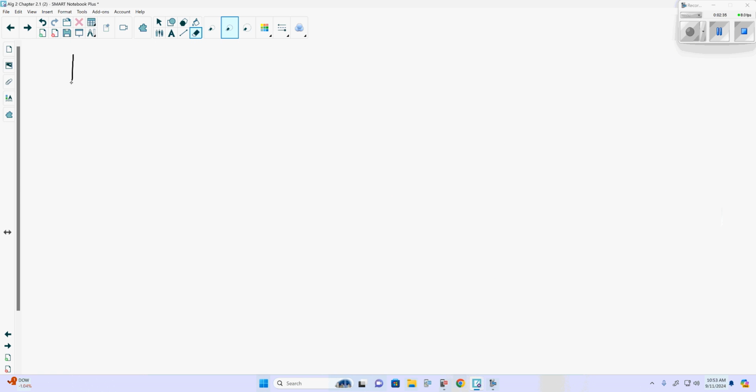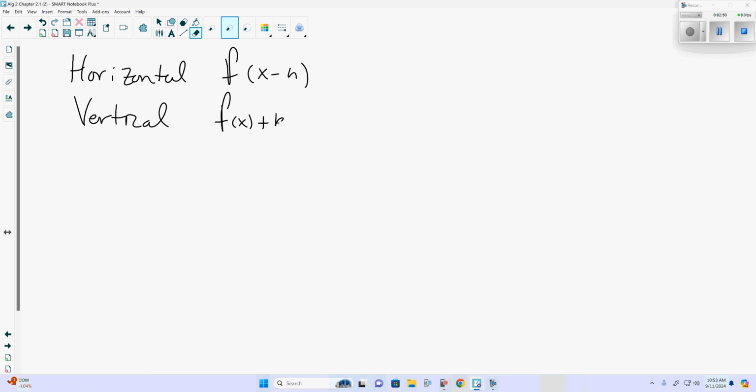Our horizontal translation left to right is f of x minus h. Our vertical translation is f of x plus k. Our vertical stretch or shrink, and I'm not doing these in any particular order, is a times f of x.